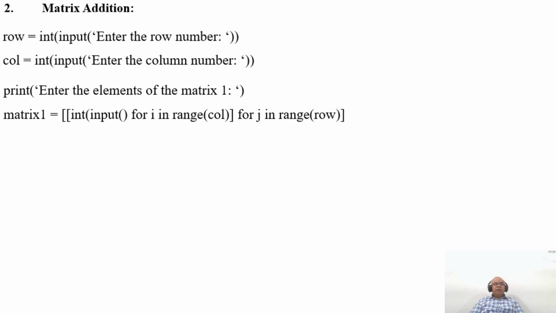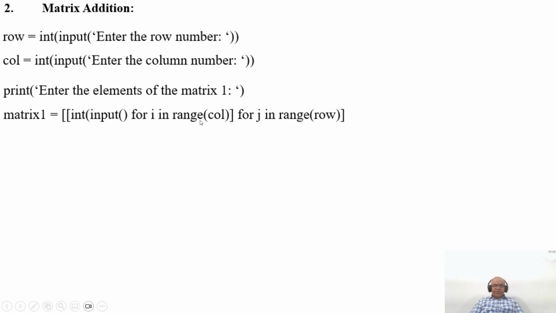I give the variable as matrix1, then int(input()). Here it will start giving the values to the matrix by using the input function. Since input in Python is always considered a string, we are converting that string into an integer by giving int input.